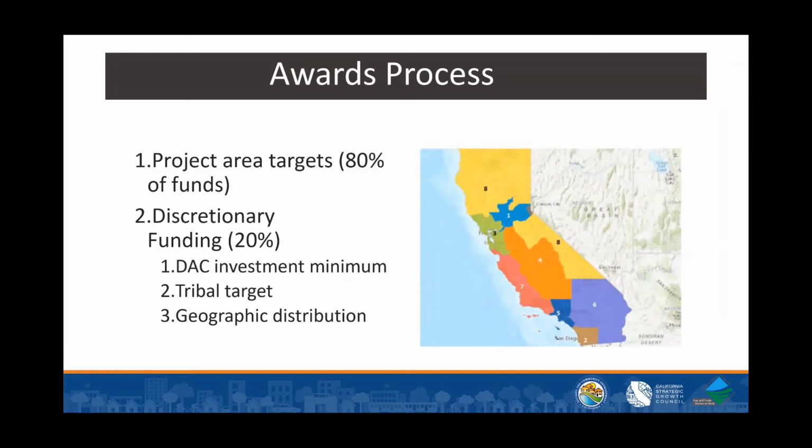Historically, AHSC's disadvantaged community investment has been met through its project area targets, aside from last round, which did require use of discretionary funds. That is to say, discretionary funds may remain a full 20% if all three objectives are met before using any discretionary funds.